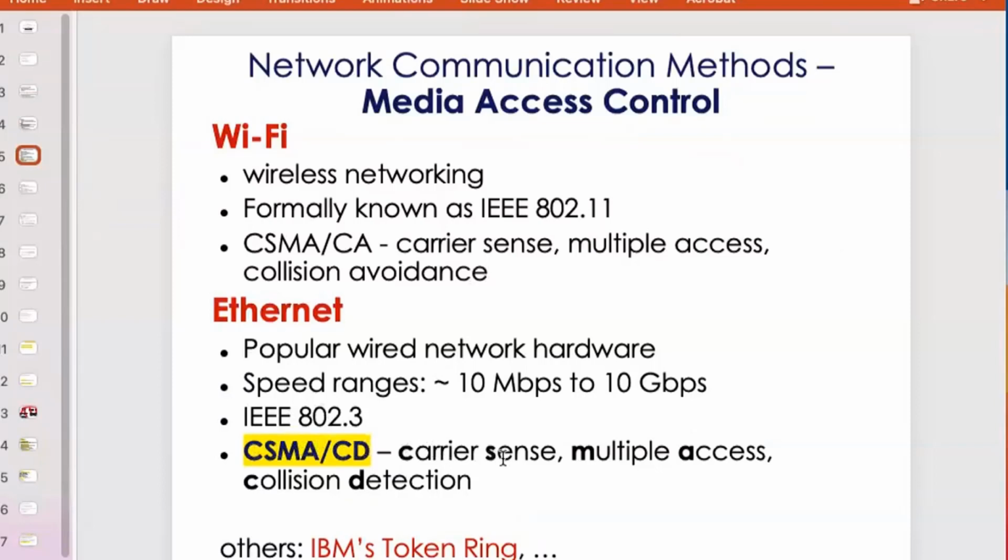That means that the computers are listening on the network to see if somebody else is sending. Multiple access means that your computer, as well as some other computer, can write to the network at the same time. Collision detection is what happens if you write exactly at the same time. Well, one is going to back off, using some sort of algorithm. One backs off and then the other one tries again.